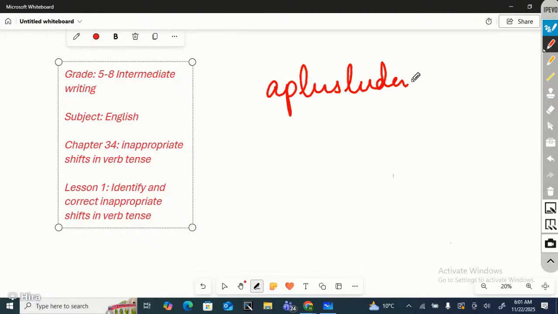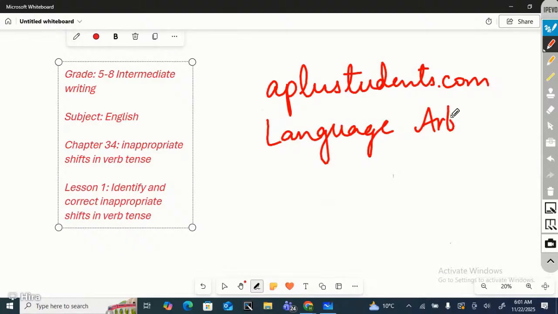Let's log into aplusstudents.com. Use your username and password, then open Language Arts. Under these grades, I have selected grade 7.